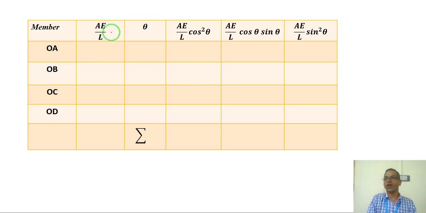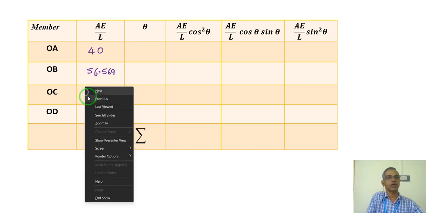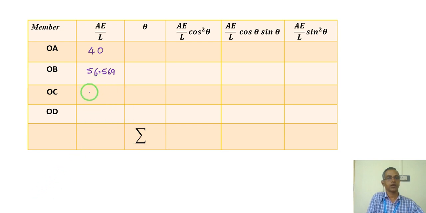By AE by L, for OA we get 40, for member OB we get 56.569, for member OC we get 80, and for member OD we get 69.282. This is the AE by L factor only.